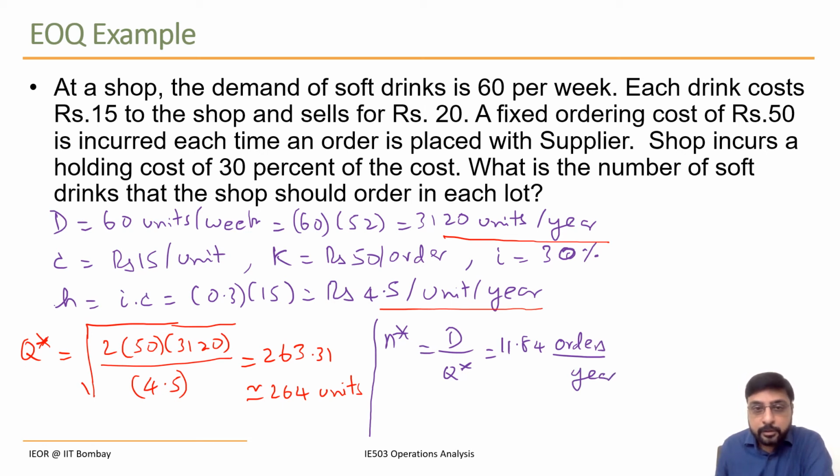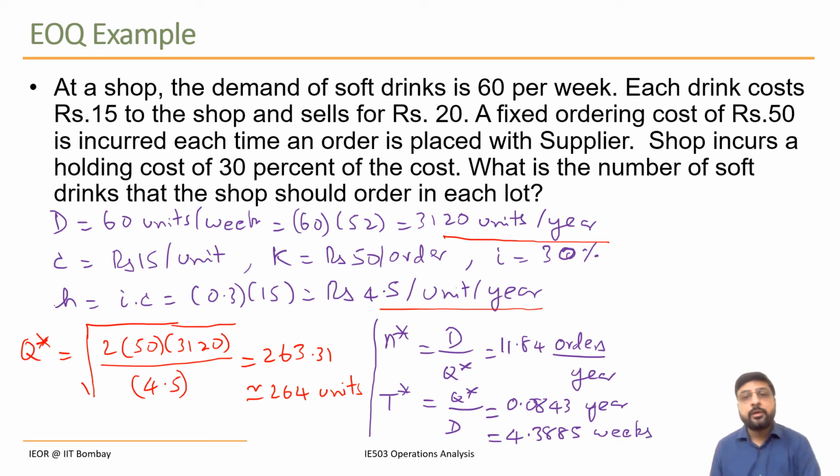And your order cycle length is T star, which is nothing but Q star by D, which comes out to be about 0.0843 years, or if you multiply it by 52, you get it in weeks as 4.3885 weeks. This is the full computation for our EOQ.